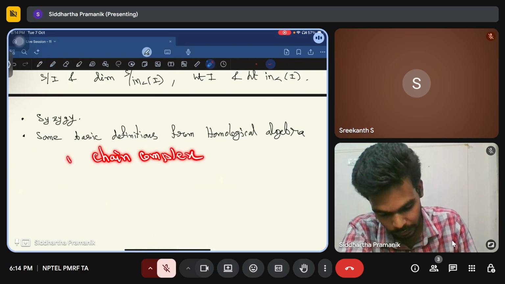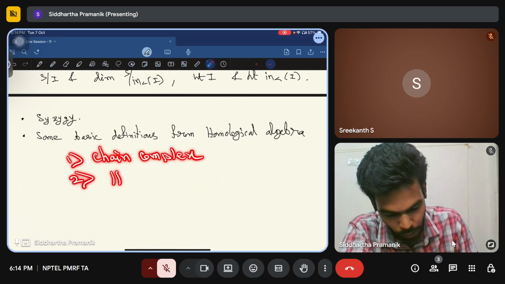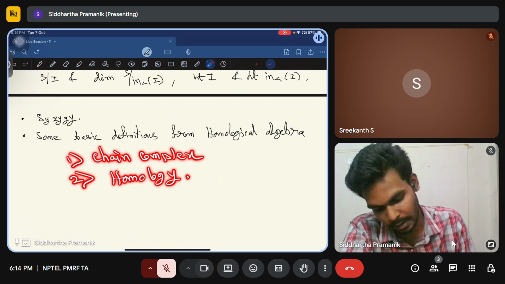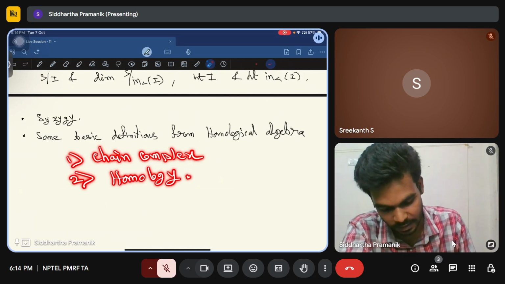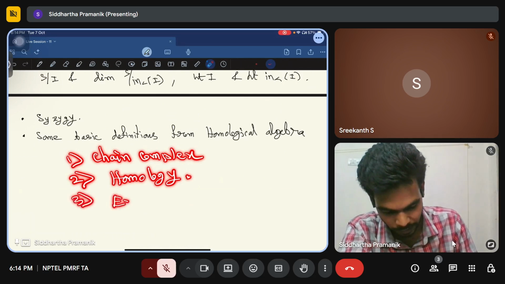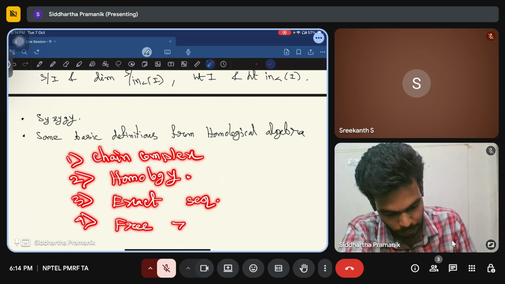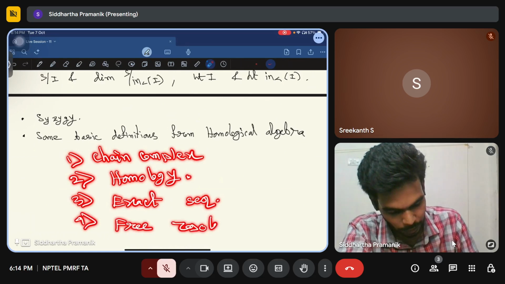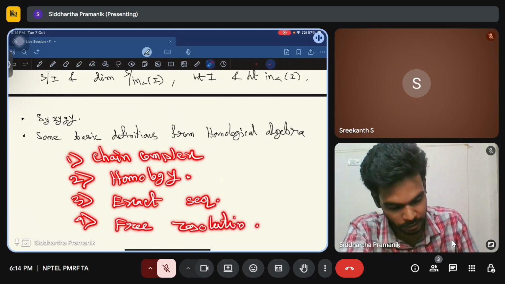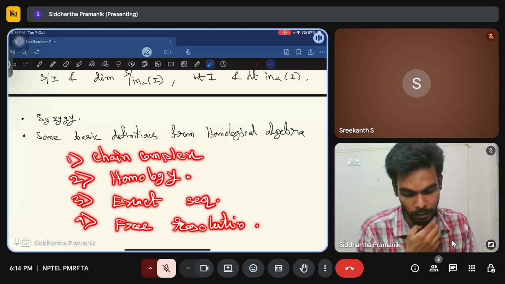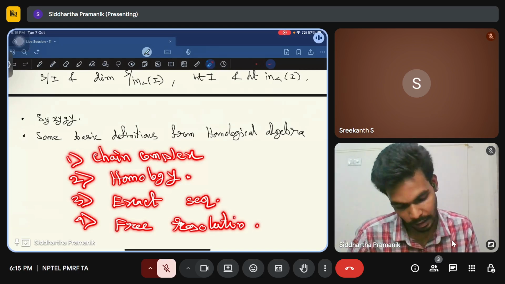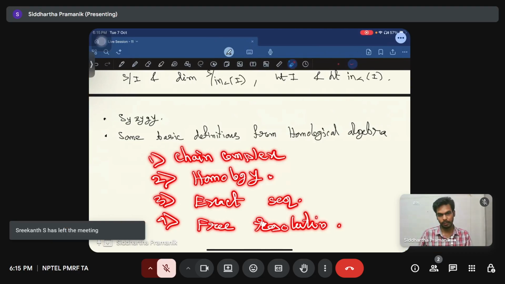Then we have seen what is the homology of a chain complex, and using this, when a chain complex is exact, or an exact sequence. Then the pre-resolution and how to construct it, then minimal pre-resolution and the existence of minimal pre-resolution, and the graded version of those things.